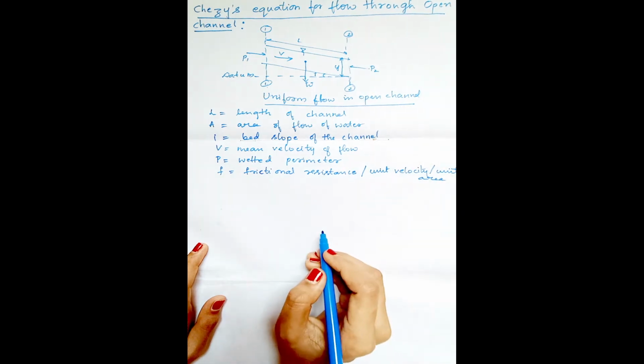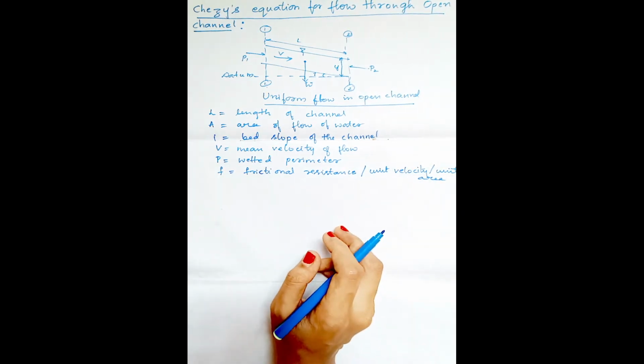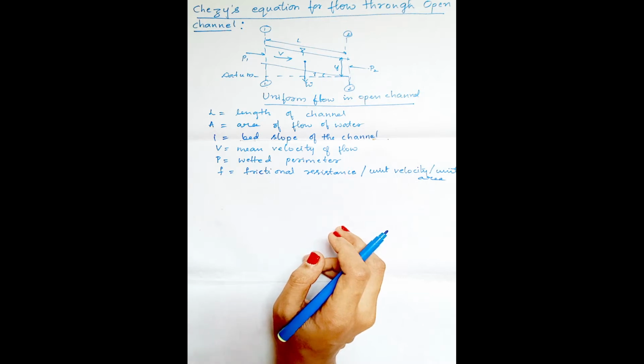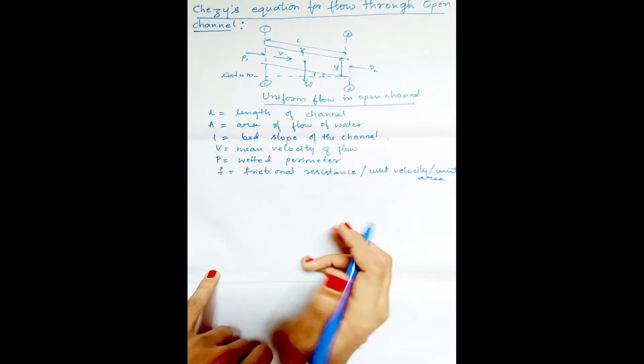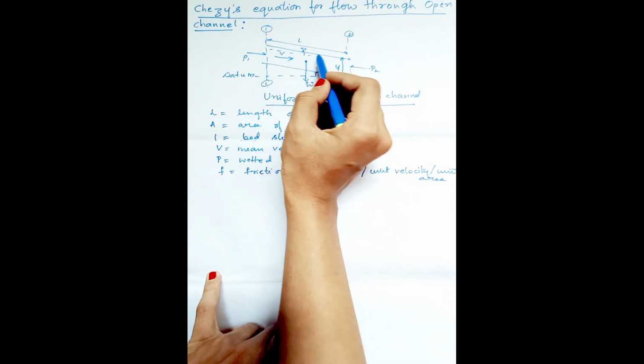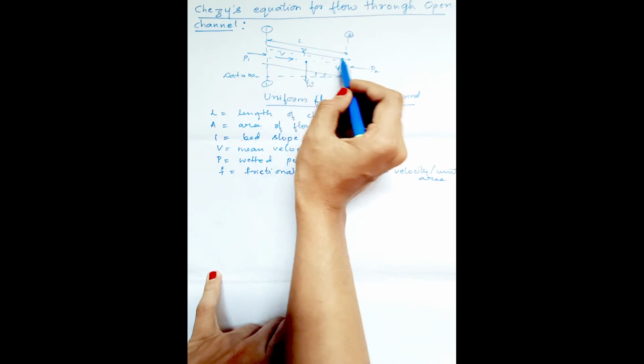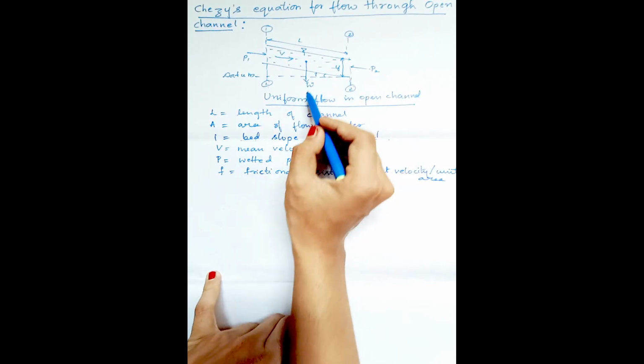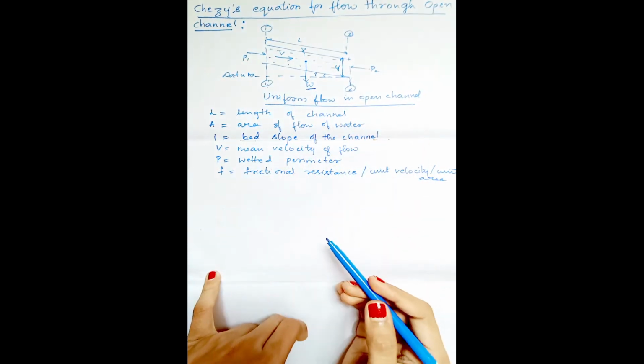Whatever water is present between section 1 and section 2, the weight of that water is considered as W. So W is the weight of water between section 1 and section 2.